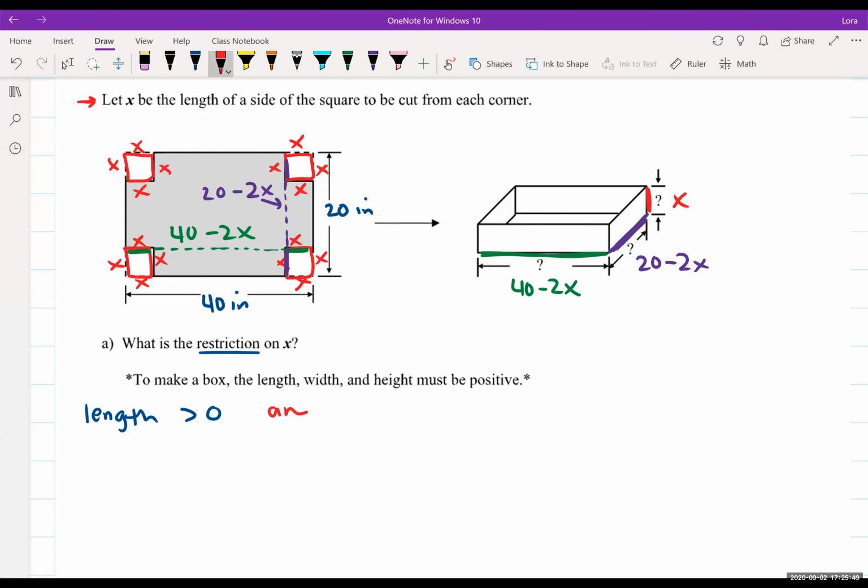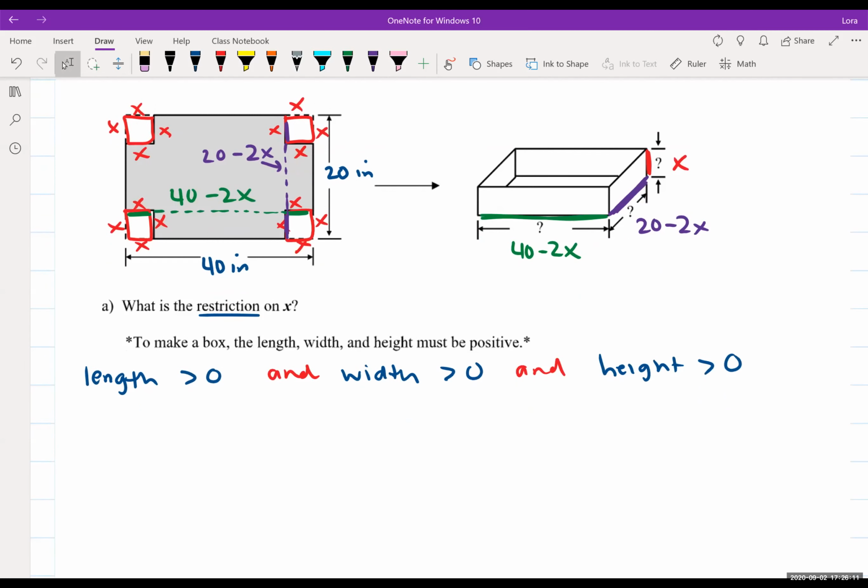At the same time, the width must be greater than 0. And at the same time, you have to have a size square to cut off in the first place, so your height has to be also greater than 0. I mean, you probably already guessed this, but we just want to translate. Sometimes it's confusing in math speak as opposed to English.